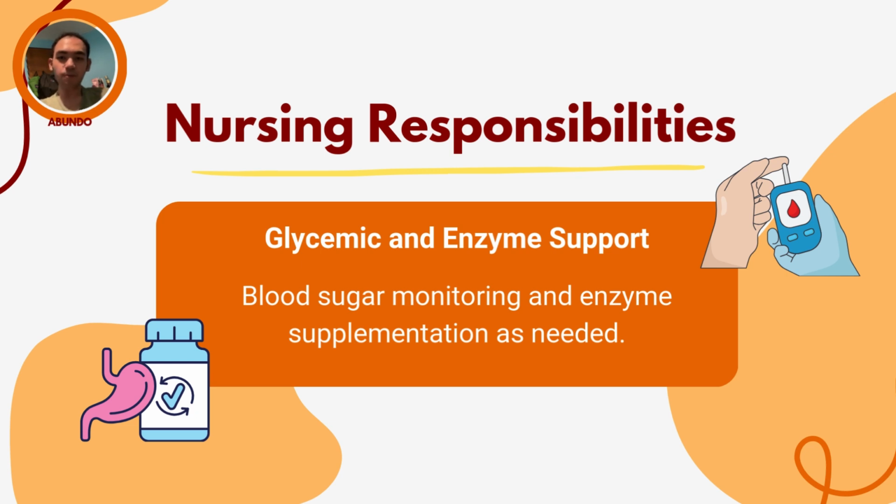This is particularly important for patients with a history of pancreatitis-induced diabetes or those at risk due to reduced pancreatic tissue. Additionally, pancreatic enzyme replacement therapy or PERT may be initiated to support digestion and prevent malnutrition. Nurses must observe for signs of steatorrhea or weight loss that indicate enzyme insufficiency.